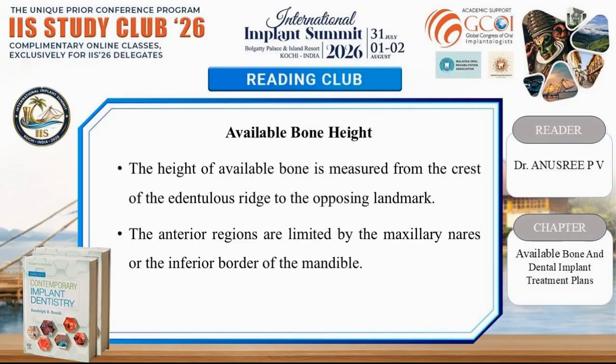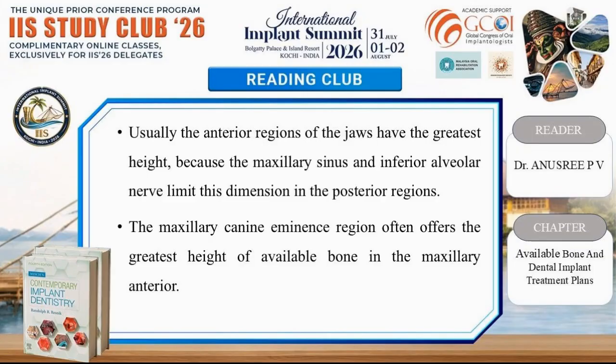Available bone height. The height of available bone is measured from the crest of the edentulous ridge to the opposing landmark. The anterior regions are limited by the maxillary nares or the inferior border of the mandible. Usually, the anterior region of the jaw has the greatest height because the maxillary sinus and inferior alveolar nerve limit this dimension in the posterior region.